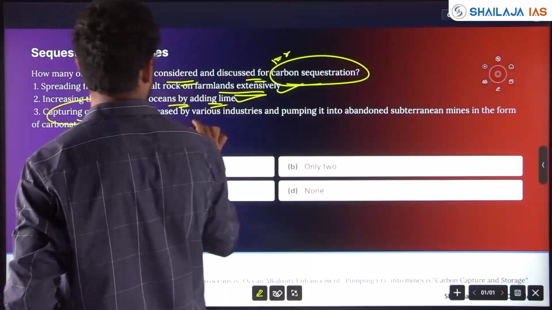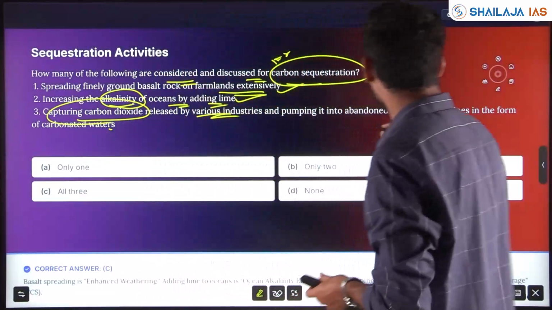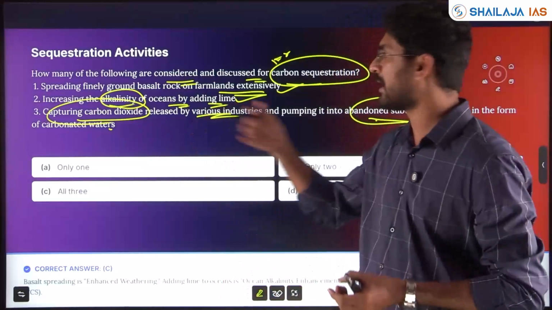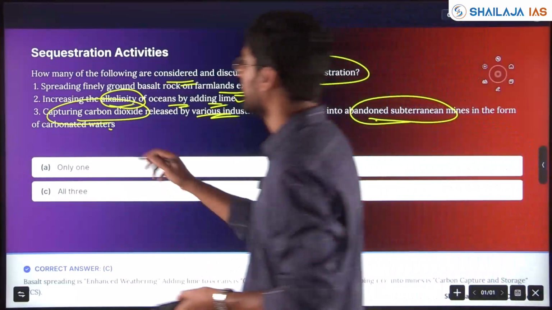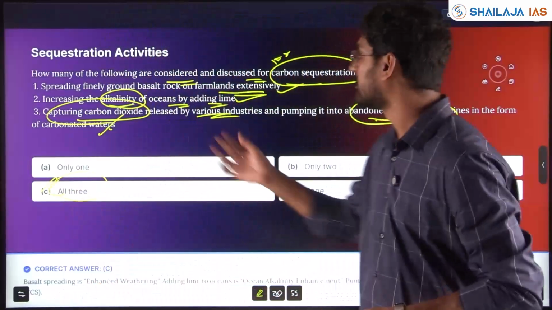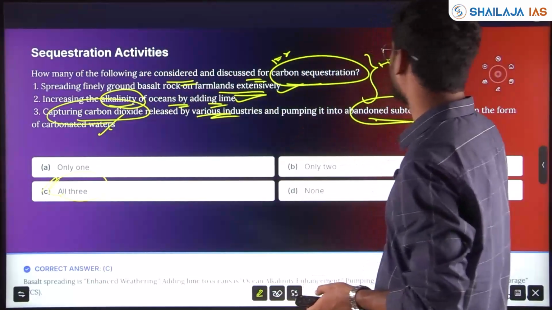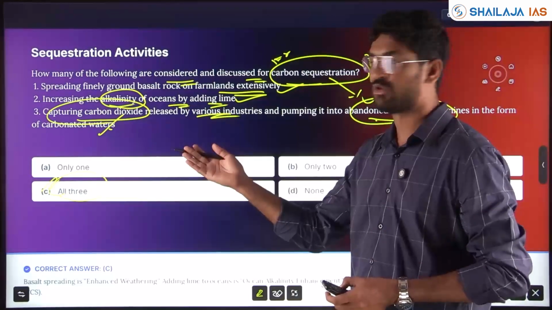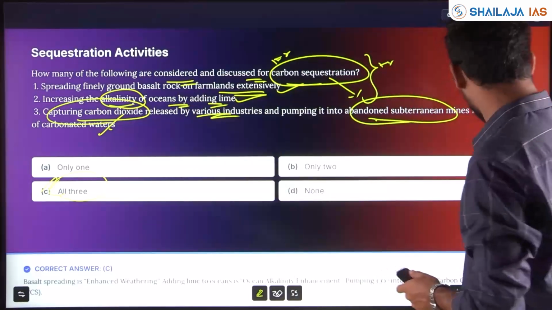Capturing carbon dioxide released by various industries and pumping into abandoned subterranean mines. All the mines which are abandoned, you can store carbon, sequestering and storing. Yes, all the three are correct. And these are concepts we study in environment with respect to carbon sequestration. Direct to the point, all the three statements are correct.